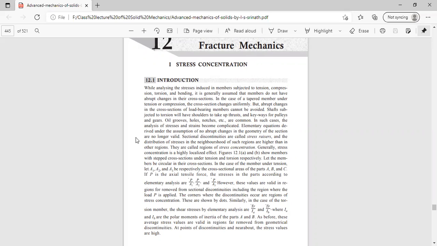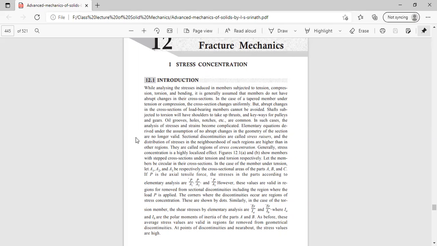In your third semester syllabus, we have gone through different changes in the cross section area of a member. We have gone through members changing gradually from minimum to maximum or maximum to minimum. It can be of various types of cross sections, like round, square, triangular, rectangular, etc.